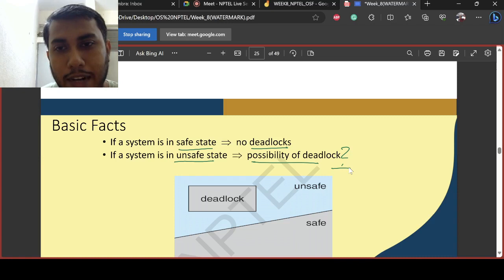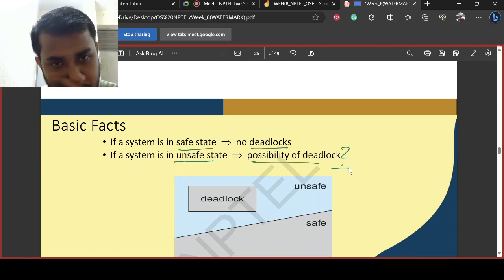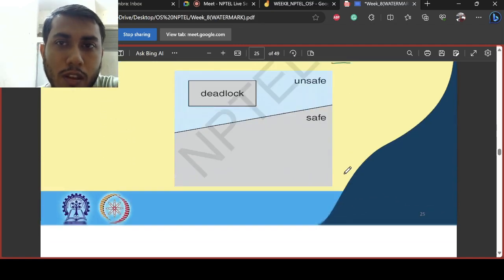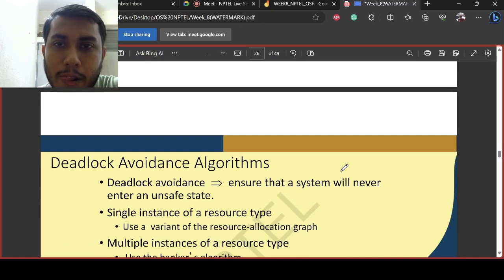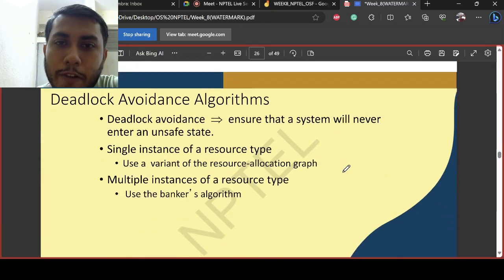So all these algorithms are quite approximate, and if the system is in a safe state, then there is no deadlock. But if it is in an unsafe state, then there is a possibility of deadlocks. That is the fact.